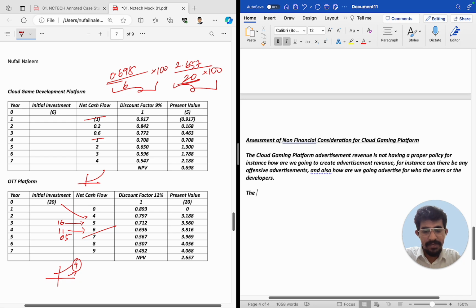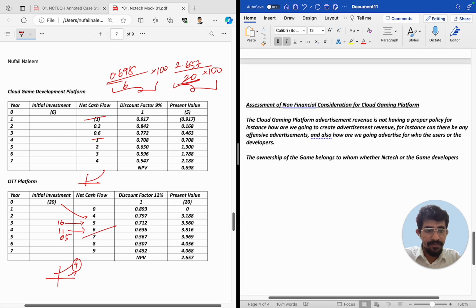The next factor is the ownership of the game. The ownership of the game belongs to whom? Whether NcTech or the game developer. In case the game developer wants to develop the same game in a different platform, can that be possible?